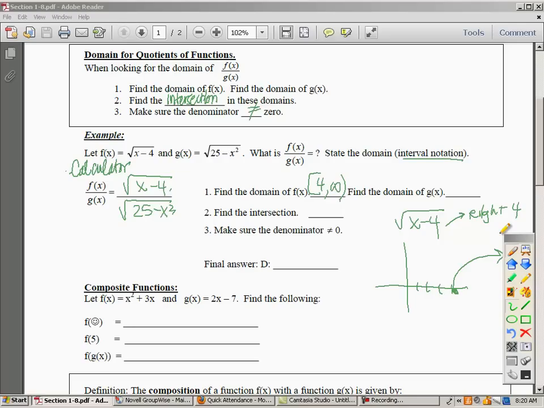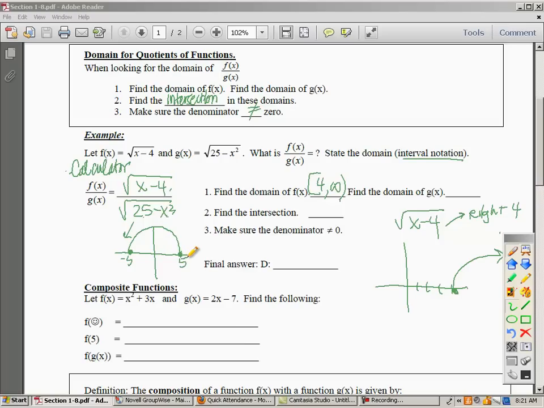You can do the second one in your calculator, and if you go in your grapher and put in the square root of 25 minus x squared, you end up getting this semicircle. Your grapher looks like it doesn't touch, but it ends up touching. If you go to your table, it'll end up touching. This is at a value of -5, this is at a value of +5.